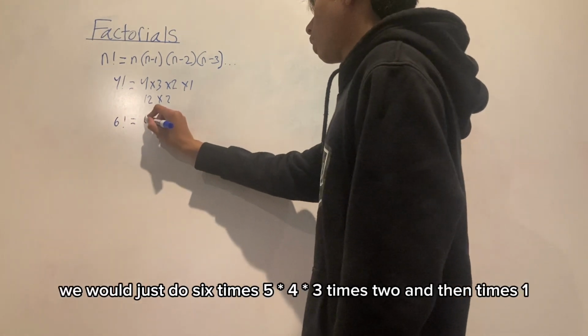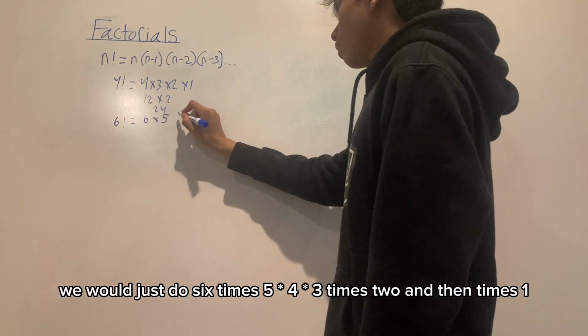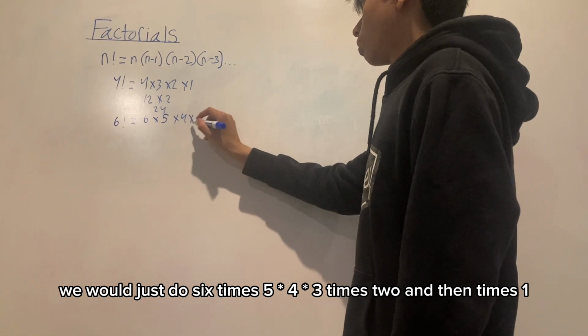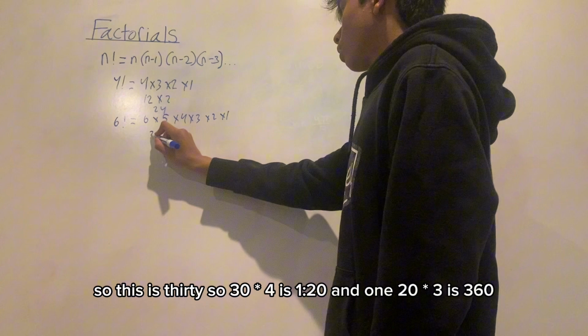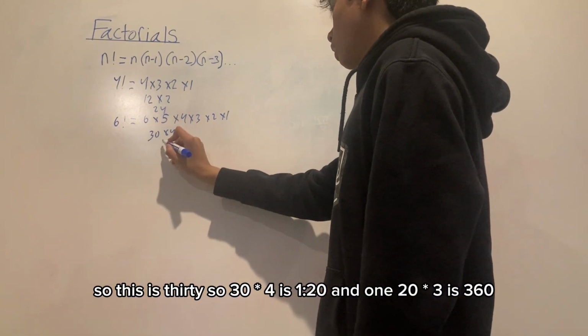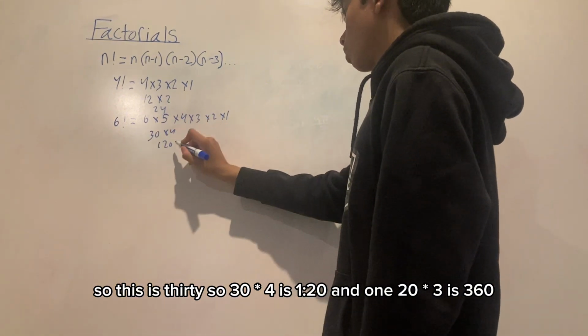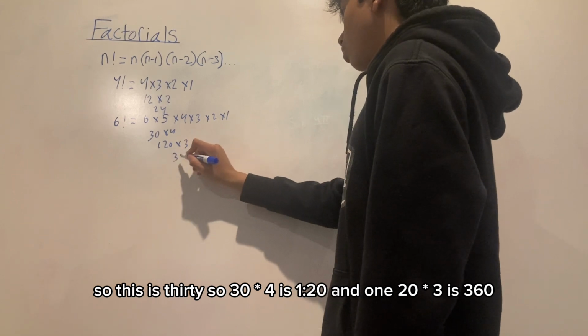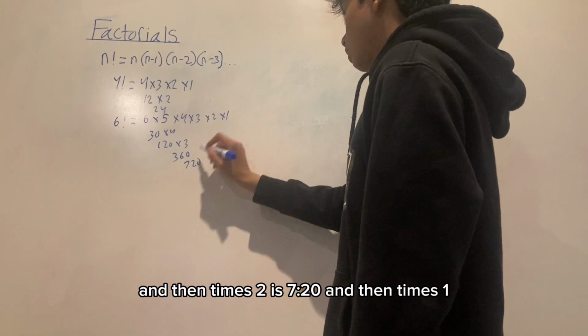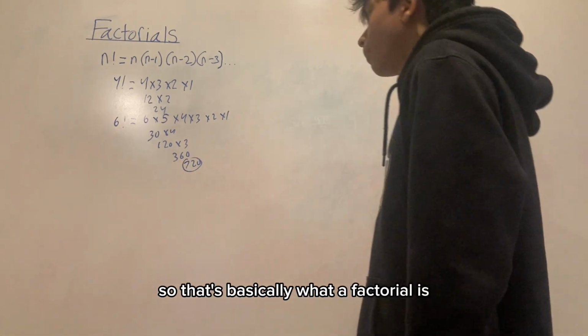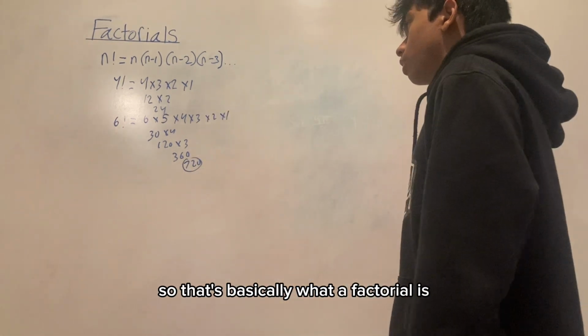We would just do 6 times 5 times 4 times 3 times 2 and then times 1. So this is 30. So 30 times 4 is 120, and then 120 times 3 is 360, and then times 2 is 720, and then times 1. So we'll just keep it at that. So that's basically what a factorial is.